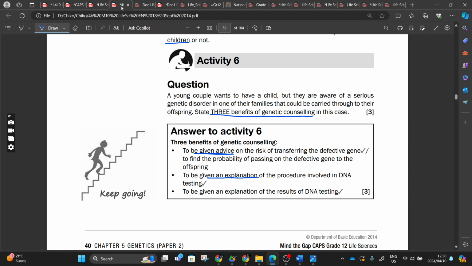You understand? For an example, I'm having long legs and my wife is having short legs, and then we can go to the DNA counselor or genetic counselor, and we consult whether we can have babies that have the long legs or the short legs.